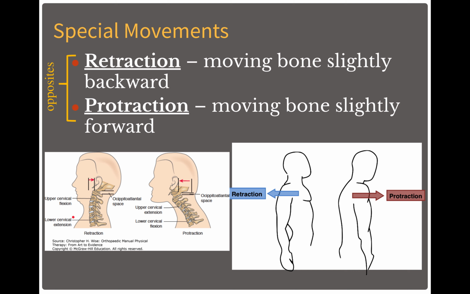So this protraction and retraction is actually a complex motion created by flexion and extension along different points along your spine, along the many bones of your spine.